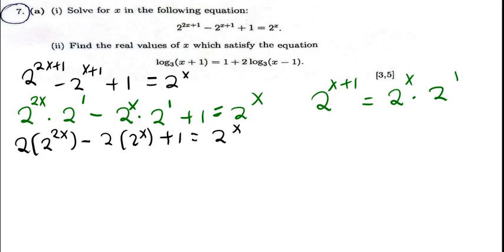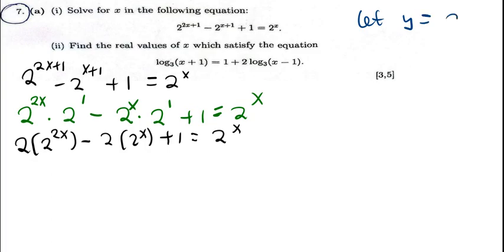Now at this point, I have to say let y be equal to 2 raised to the power x. Meaning that where there is 2 to the power x, let's replace it with y. We see what we're going to have. 2 to the power 2x becomes y squared, because of the 2.